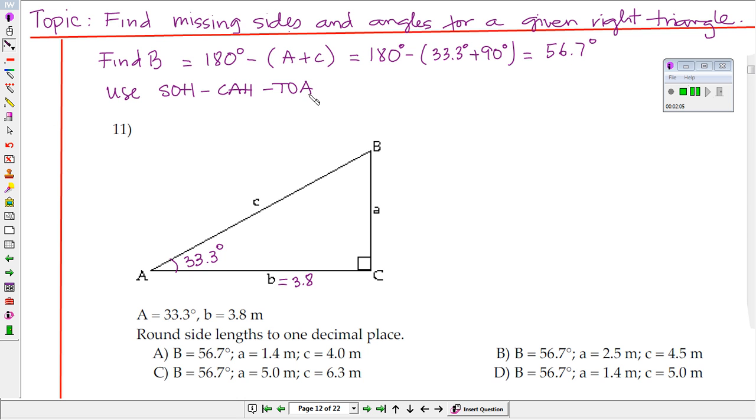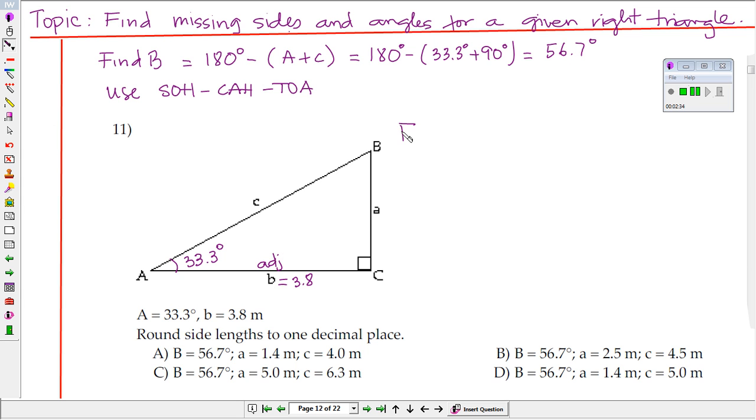Since we know angle A, and we know the side adjacent to angle A, which is B, we can use tangent.